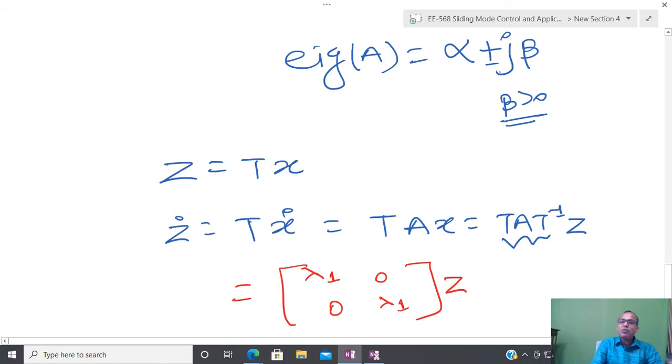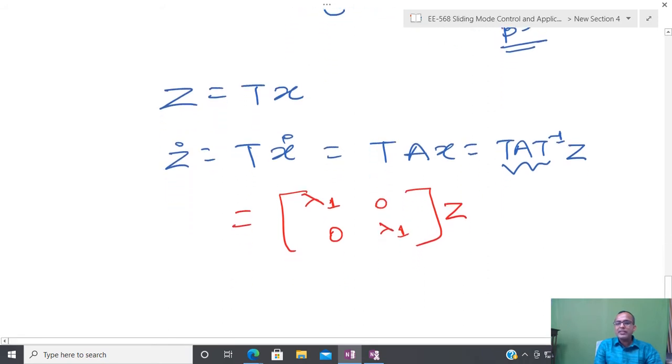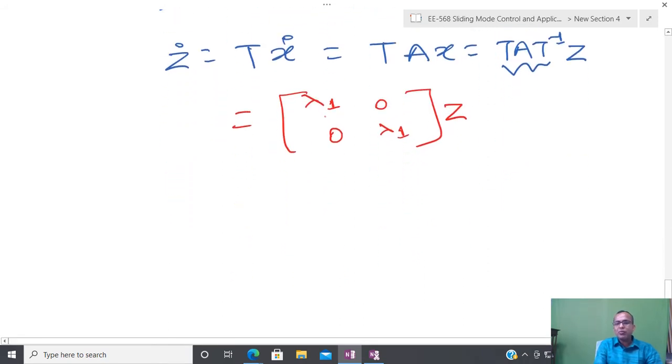The situation is that I have complex eigenvalues. Whenever you have complex eigenvalues, the transformation is a little bit different. From here it is very clear that for the original eigenvalues of a matrix, we want to find a transformation which is not going to alter those eigenvalues.